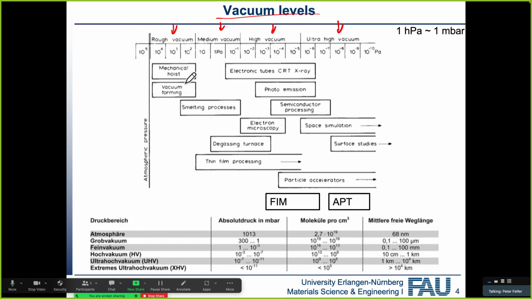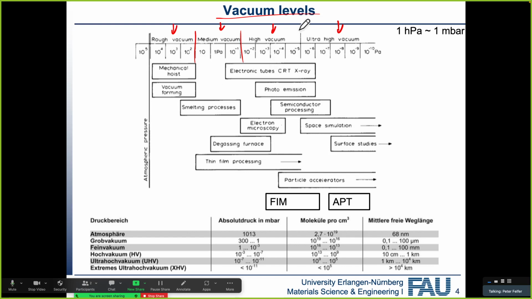This is something you can easily reach with mechanical pumps. This is why it's called a rough vacuum, because we're using roughing pumps for that. Then we have a medium vacuum that goes down to around 10 to the minus 3, and this is something we can reach with oil-sealed pumps.